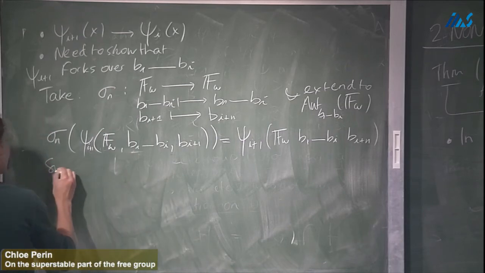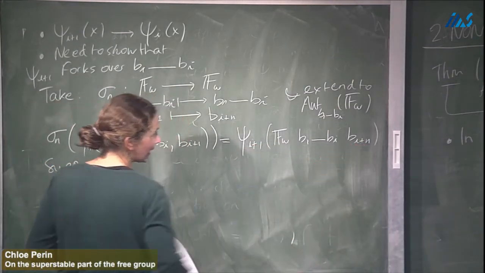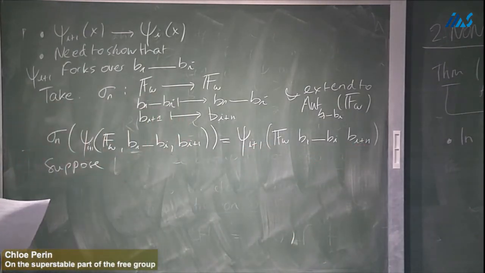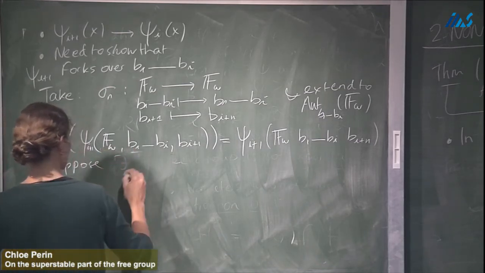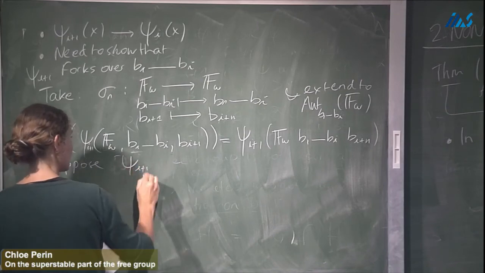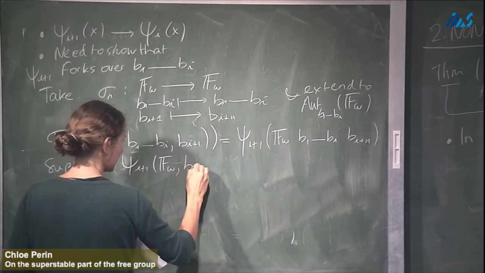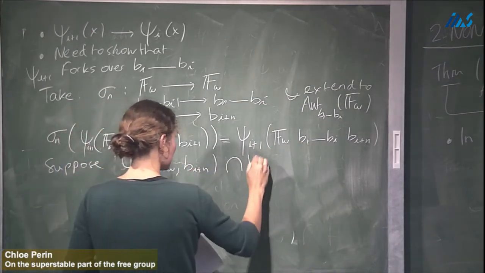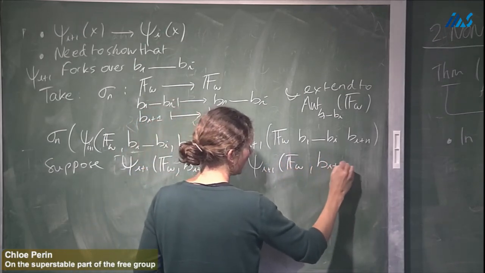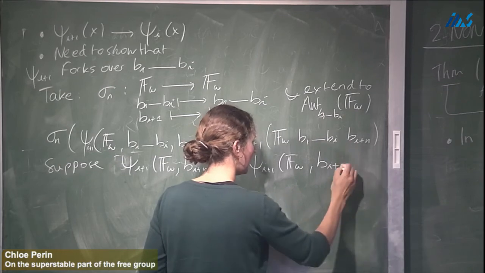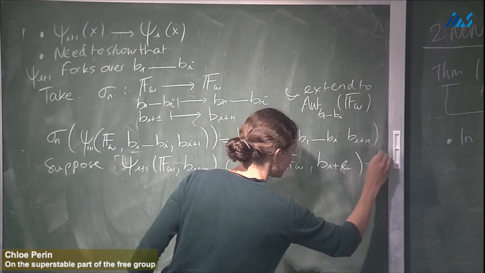Okay, so suppose now that two sets like this for different values of n intersect in a non-trivial way. So suppose that there exists, let me say, psi I plus 1 of f omega, I'll ignore the bi's, bi plus n intersect psi I plus 1 of f omega bi plus m, or let's say L, looks more different, that this is non-empty.